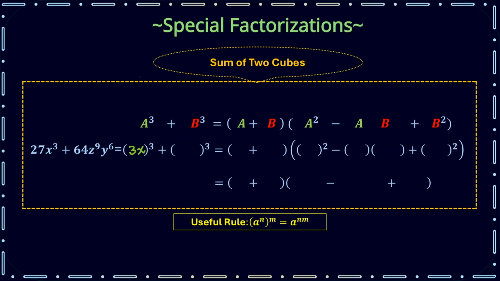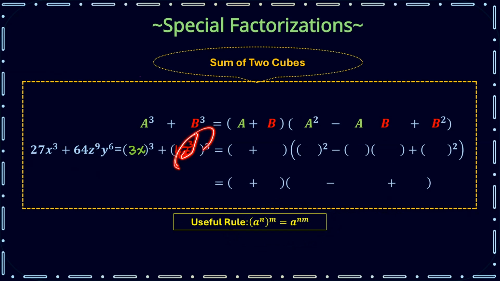64, so here for the second binomial, let's just take it factor by factor. 64 is the cube of 4. Z to the 9 is the cube of z cubed. And again, that's true by this formula. Just check it out.